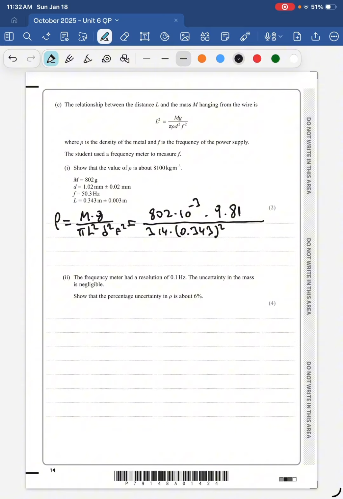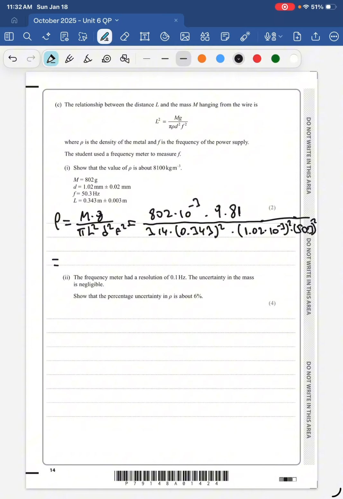D squared is 102 millimeters, so we have to do 1.02 times 10 to the negative 3 squared. And then F squared is 50.3 squared. Okay, I ran out of space there.